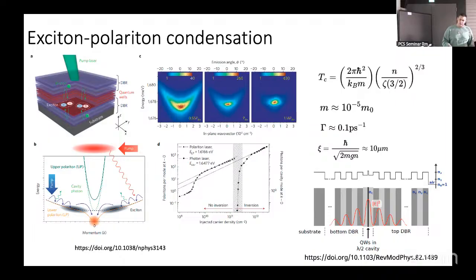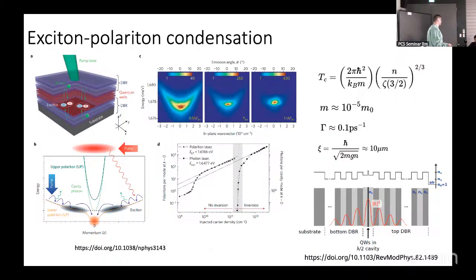In antinodes of this standing wave, we can insert a set of quantum wells. So if exciton losses are small, if the Q-factor of that microcavity resonator is big, we can achieve the so-called strong coupling regime of excitons from quantum well and photonic mode from microcavity.